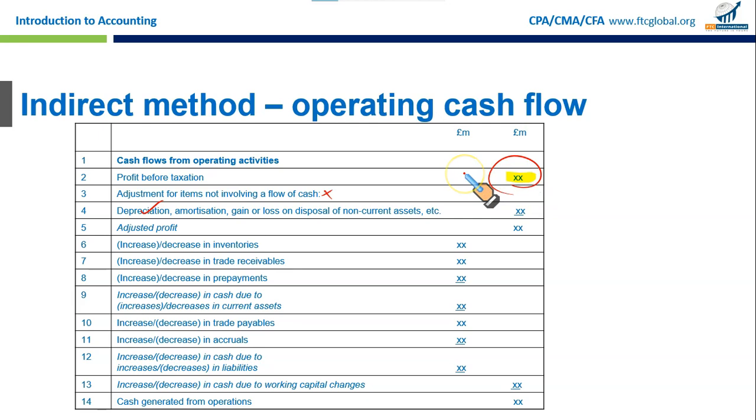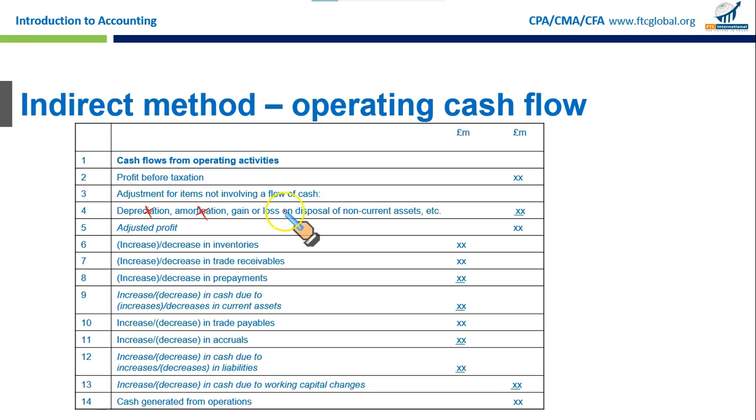So we need to reverse such elements, reverse such adjustments. So we add back depreciation in our profit in order to move towards cash flow. If there is any amortization, amortization is similar to depreciation, but it is for intangible assets like patents, licenses, copyrights. So it's a non-cash expense, it's added.